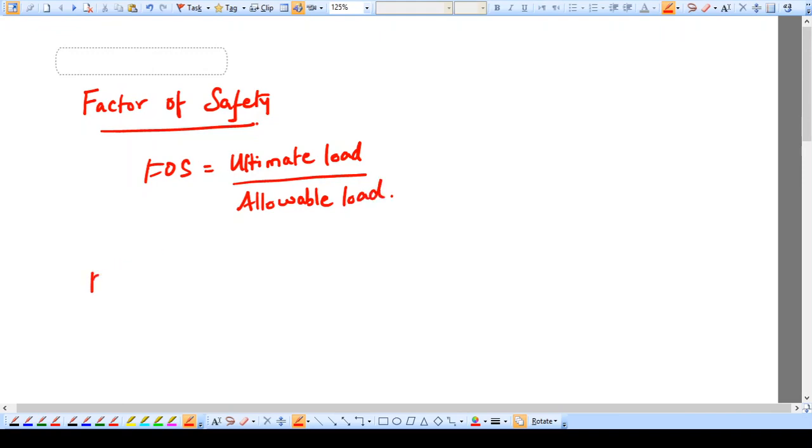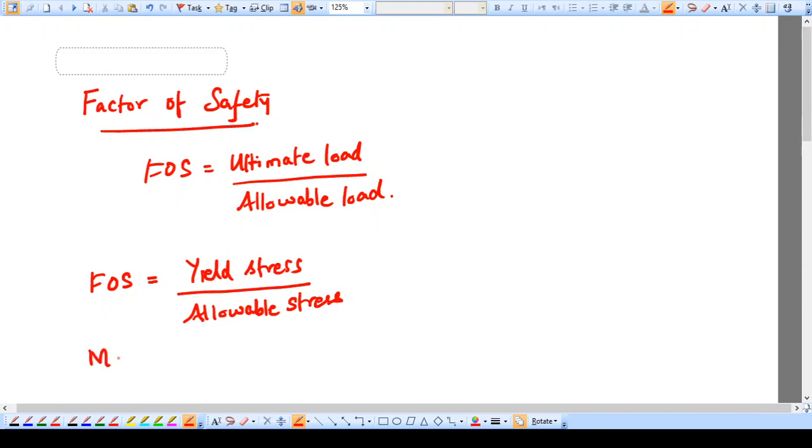In terms of stress, I can say factor of safety is equal to yield stress divided by allowable stress. In some fields of engineering, the term margin of safety is used. The margin of safety is equal to factor of safety minus 1.